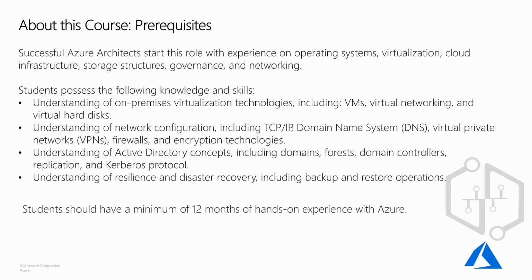In case you have any questions, doubts, or queries, you can ask. As part of the course prerequisites: knowledge of virtual machines, virtual networking, virtual hard disks. People who have worked with AWS would be aware of these things in terms of networking resources, DNS resources, firewall.